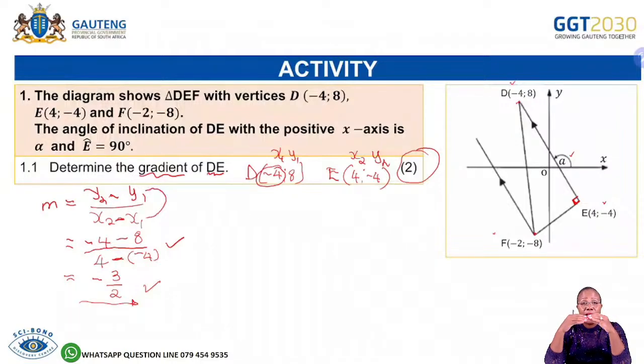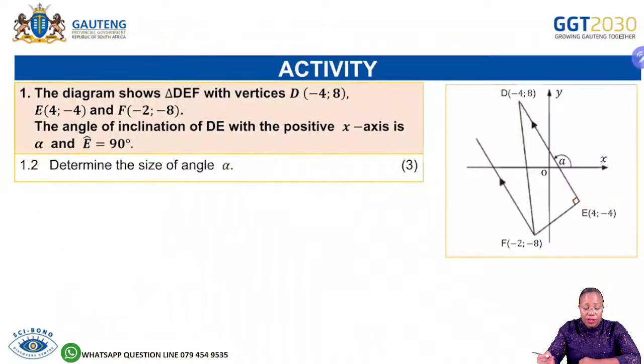If that is the case, grade 12, whatever you are doing there, you will get 0 out of 2. Why? The formula is incorrect. Incorrect formula, 0 marks. So let's ensure that we copy our formulas correctly from the formula sheet. That is the gradient of DE.